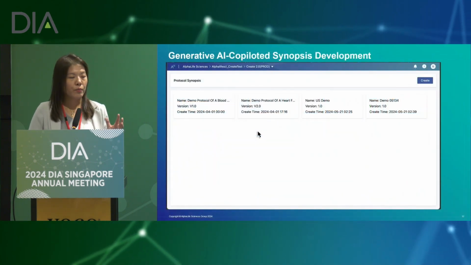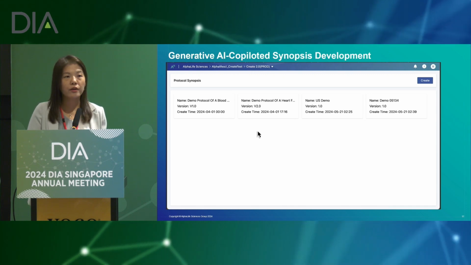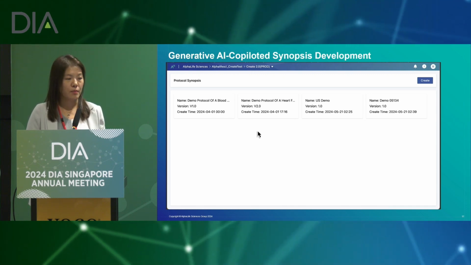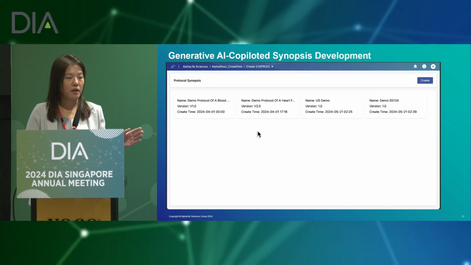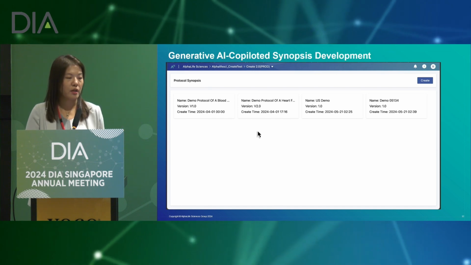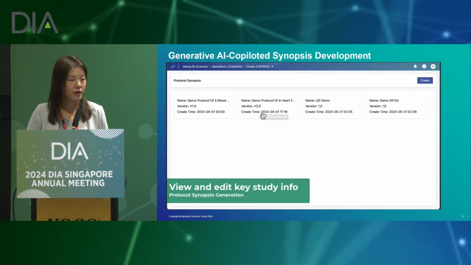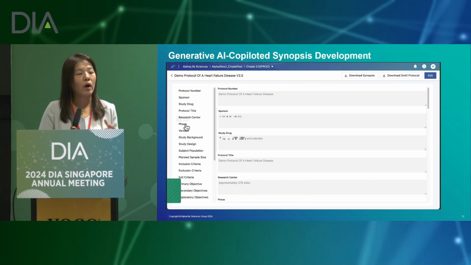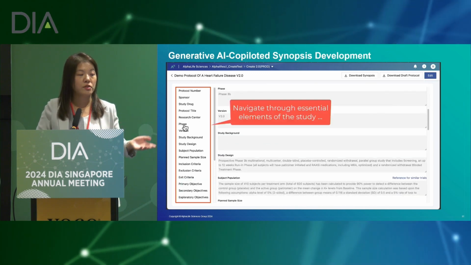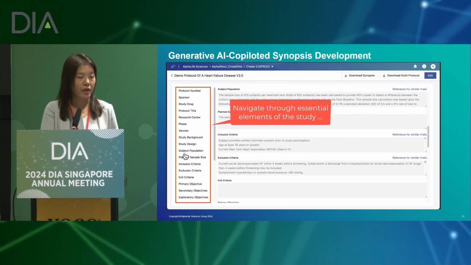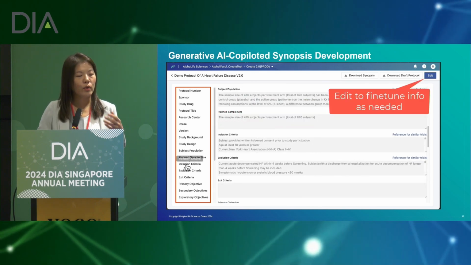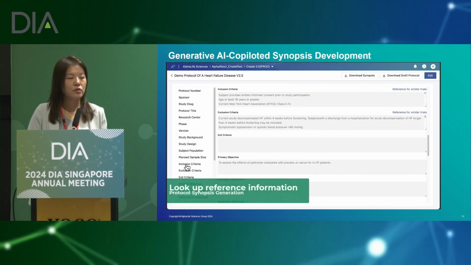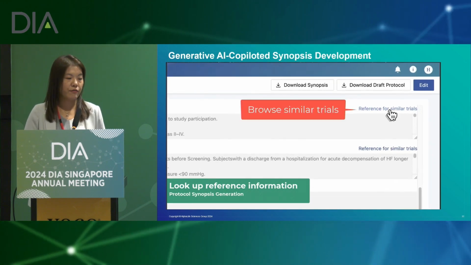Right, so now we're putting ourselves as a medical writer in the process of developing the synopsis. We can archive as many templates as you wish. Now we're going to take the heart failure TA. Right, so now I'm the writer here, and I want to generate the synopsis based on a phase 2 study. I probably have some foundation information already, and now what I want to do is, do I need to add in additional criteria, let's say for age?